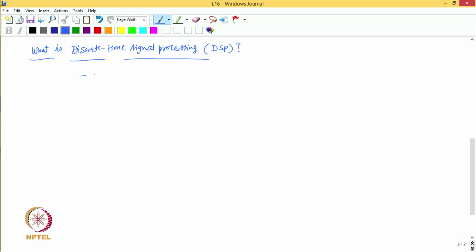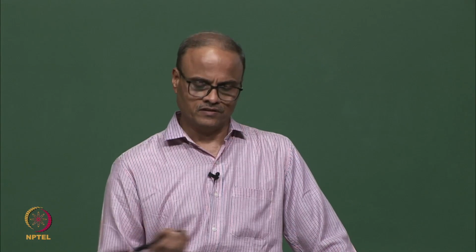Here the analog signal, which is another name for continuous signal, is discretized, and the discrete signal is processed. Henceforth we will refer to discrete time signal just as discrete signal.